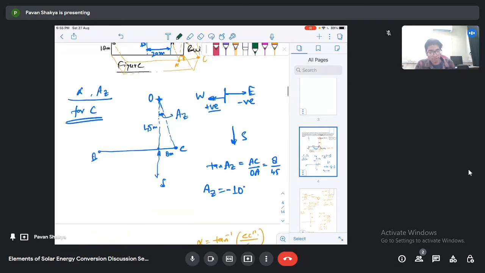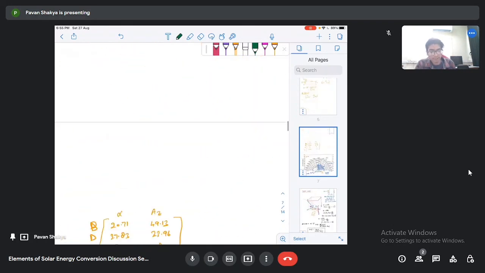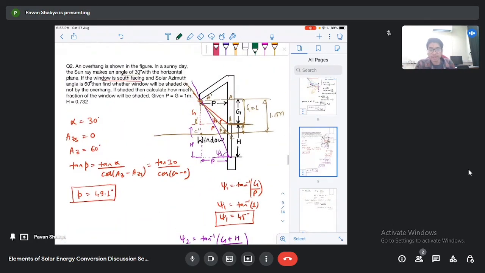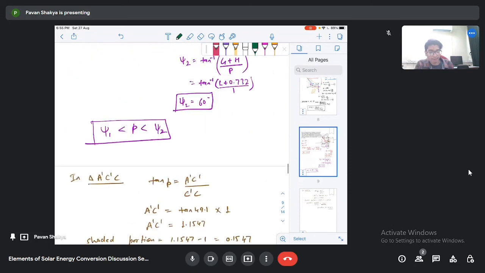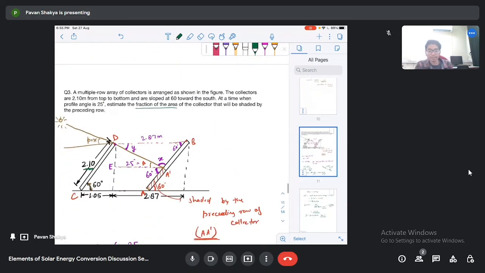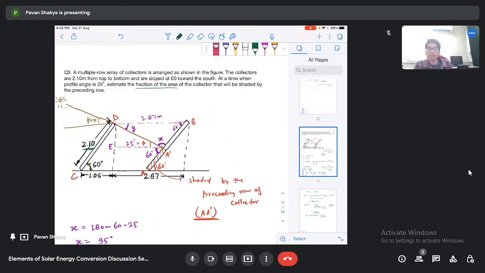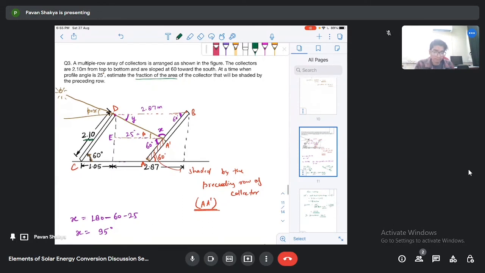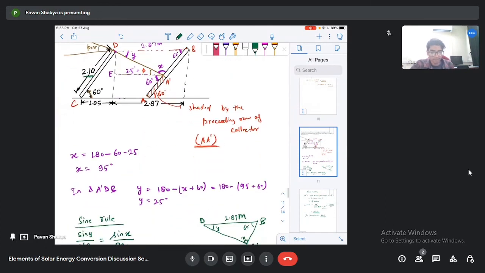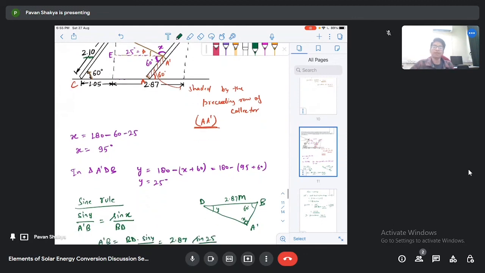Then I solved the second type of problem, the overhang problem, where the overhang shades the window. Then I showed you the third type of problem, shading by the preceding arrays of collector to the next row of collector. That's all that you will often see in the shaded topic.